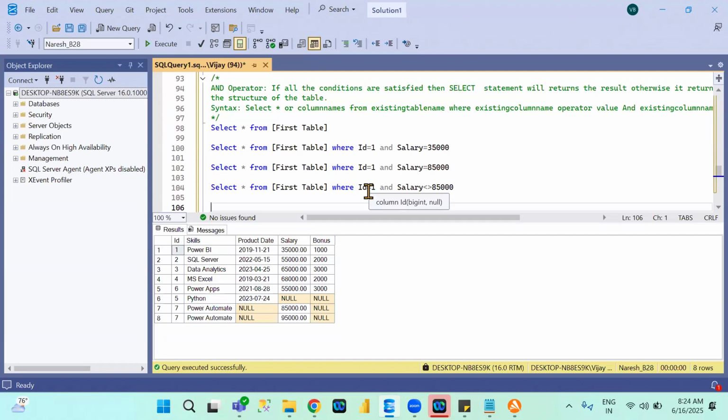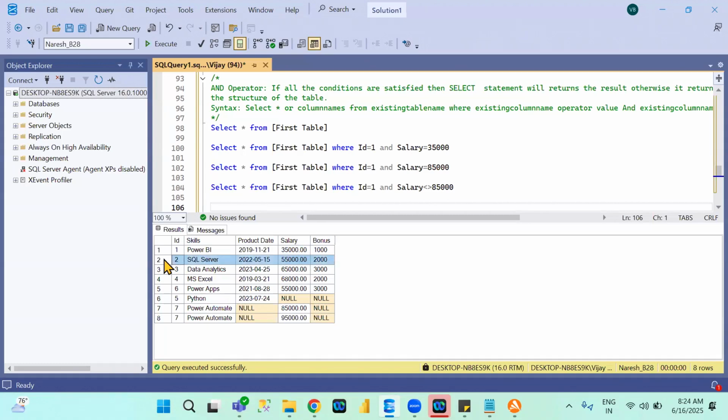You have to look here. ID is equal to 1, is it satisfied? This one, okay. Now in the same row, is salary not equal to 85,000? Salary not equal to 85,000: this value, you tell me, satisfied or not satisfied? This is not equal to 85,000, right? Only, okay.